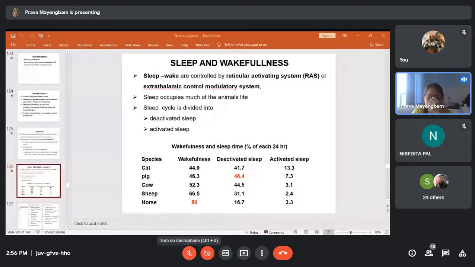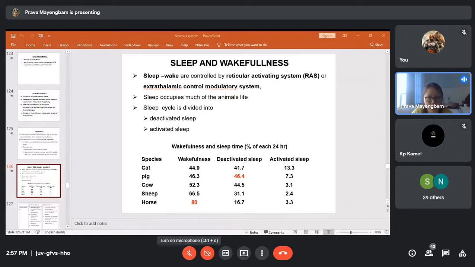Here, an important point is which part of the nervous system controls sleep and wakefulness. The sleep-wake cycle is controlled by the reticular activating system.